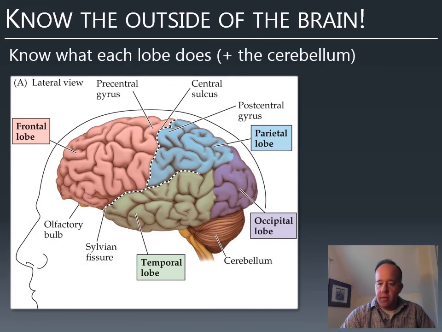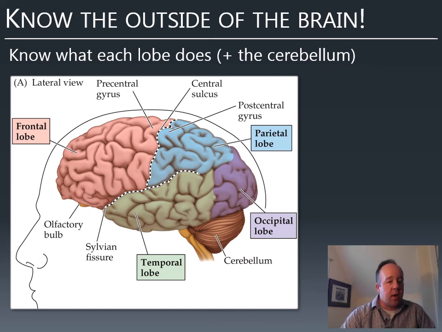For the brain itself, the structure of the central nervous system. Know what the four lobes are, know where they're located, and then also know what each one does. Again, a sentence will suffice here. Maybe a couple of functions for each one. So this is a diagram from your book. It's a good diagram. And this is, for those diagram questions, this is the kind of diagram that you might see.